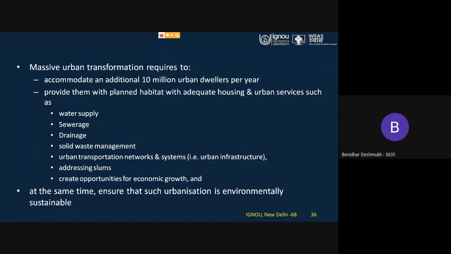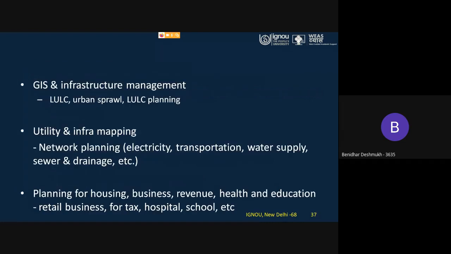So all those things are required when we talk about urban planning. But it is also required that the planners should ensure that this urbanization is environmentally sustainable. That is the challenge our urban planners face.